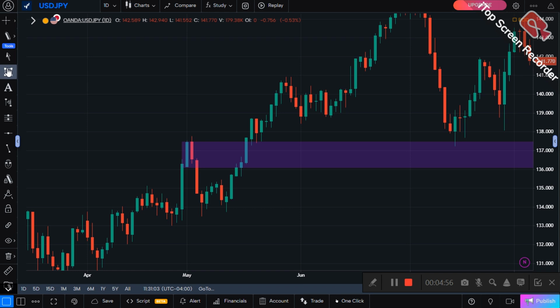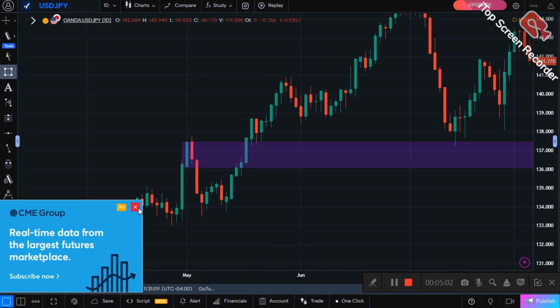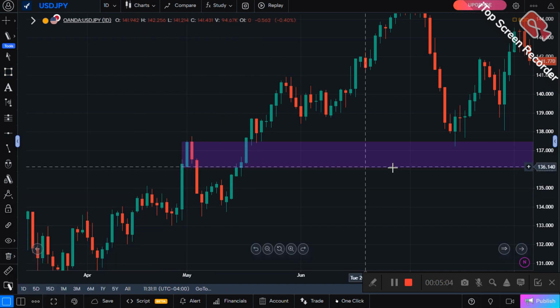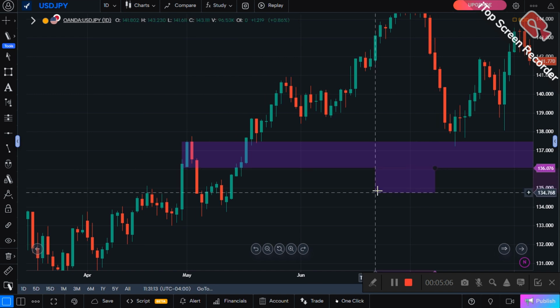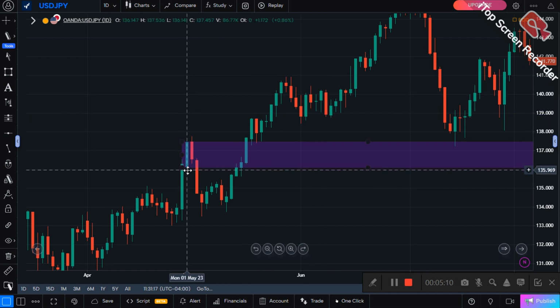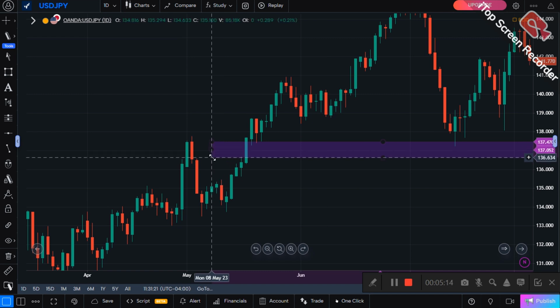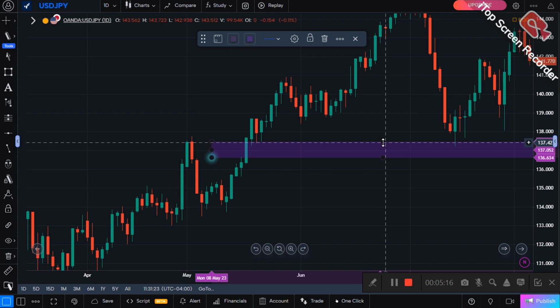Pretty good. So in the same way, this makes a fair value gap in the same zone.